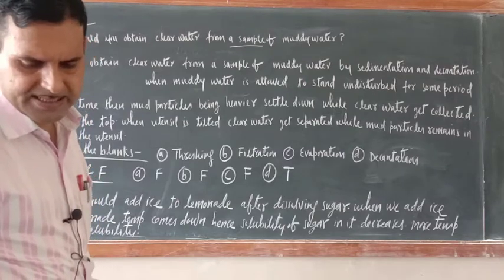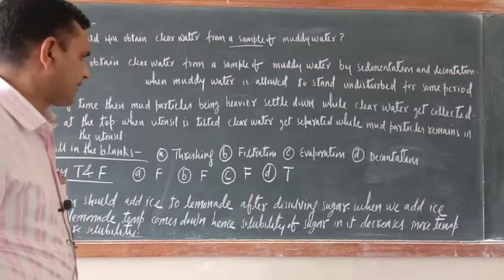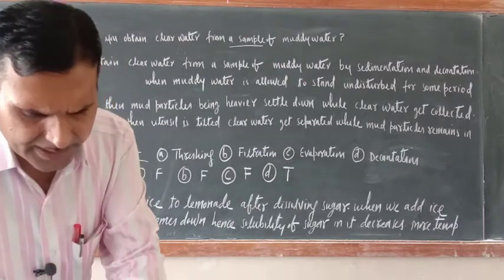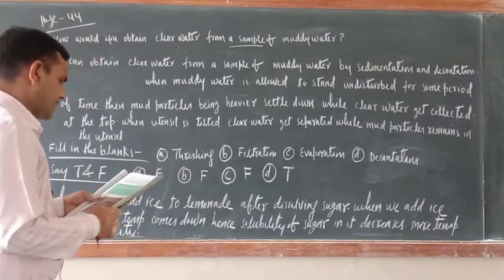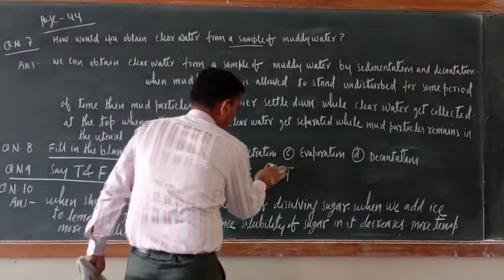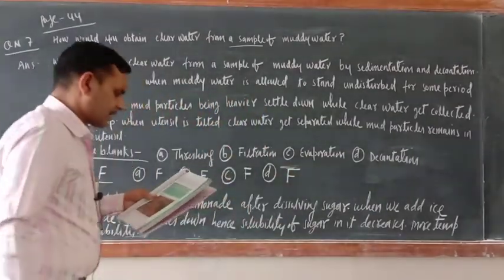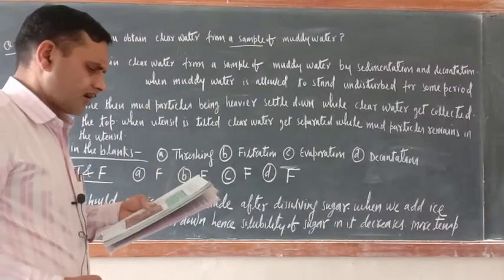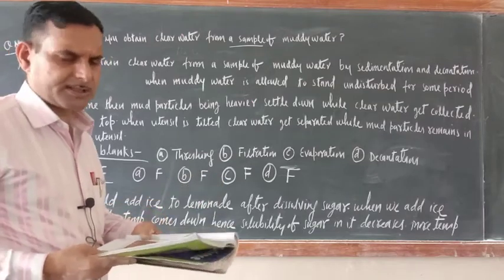Next question is, grain and husk can be separated with the process of decantation. False, they cannot. Grain and husk can be separated by the process of winnowing.